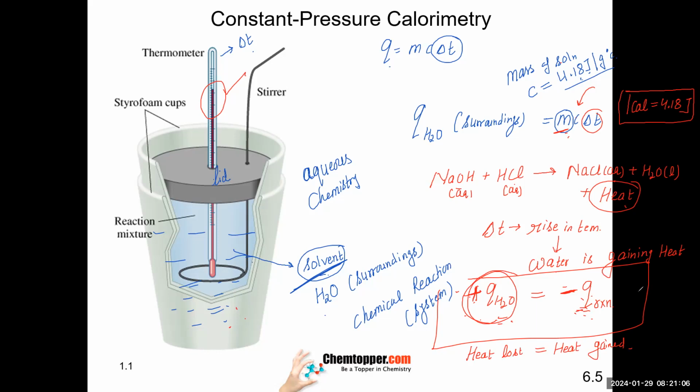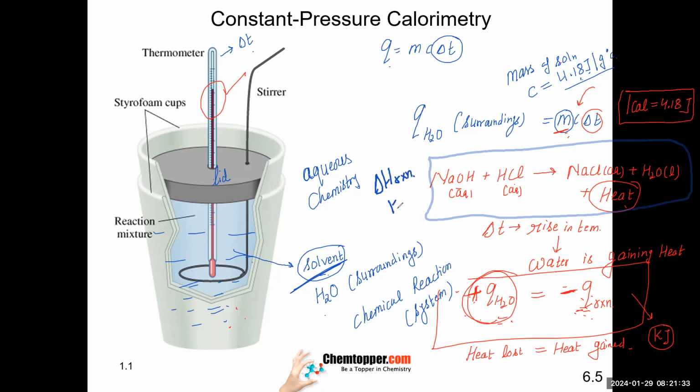But if you remember, this Q is always in terms of kilojoules, not per mole. But the aim is not this. The aim is to calculate delta H of the reaction. I don't want to know Q. I want to know delta H of the reaction, that is kilojoules per mole.